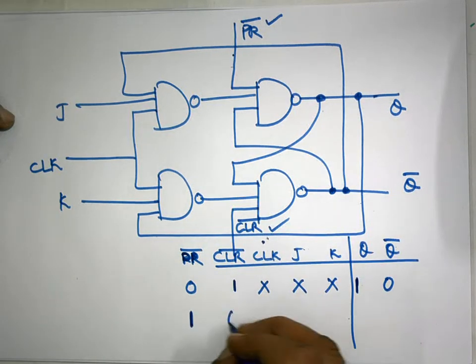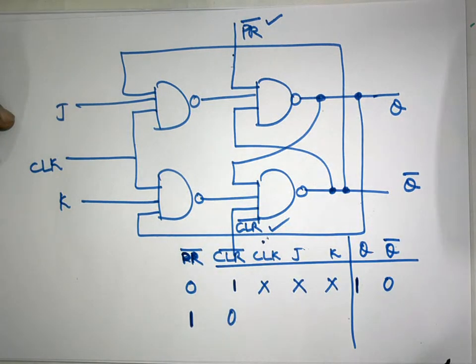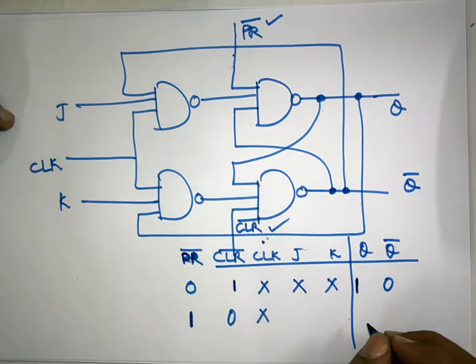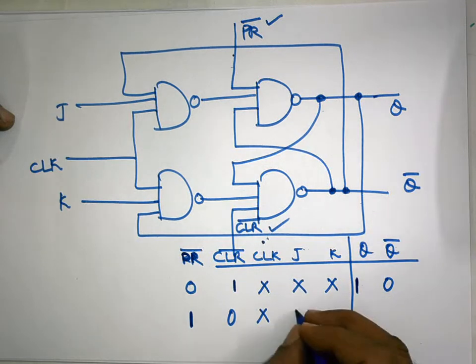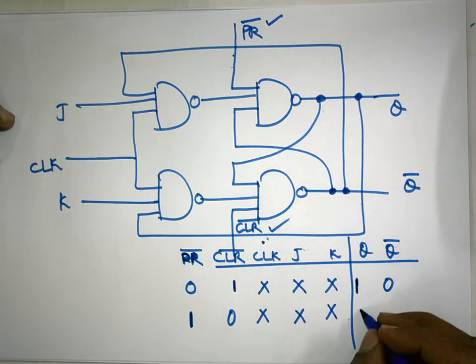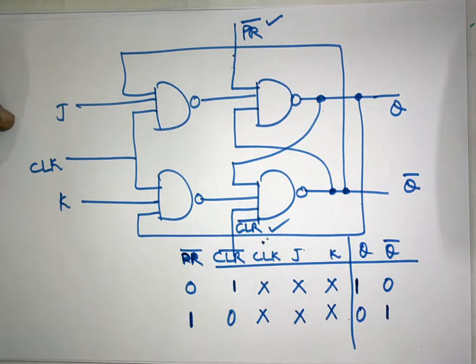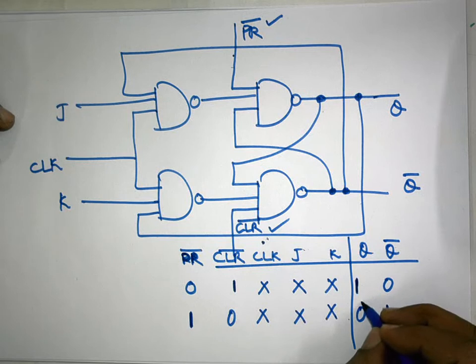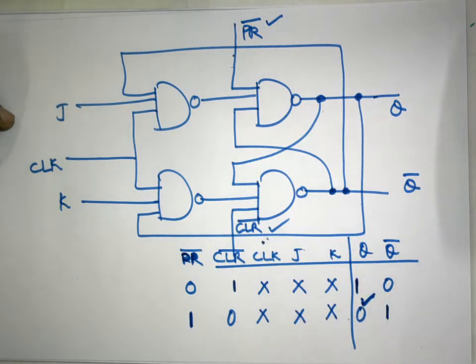Suppose this preset and clear happens to be 1, 0, then whether it is rising edge, falling edge, high level, low level, whatever clock is there, J is 0 or 1, K is 0 or 1, this is going to become 0, 1. This means this Q is going to be cleared.